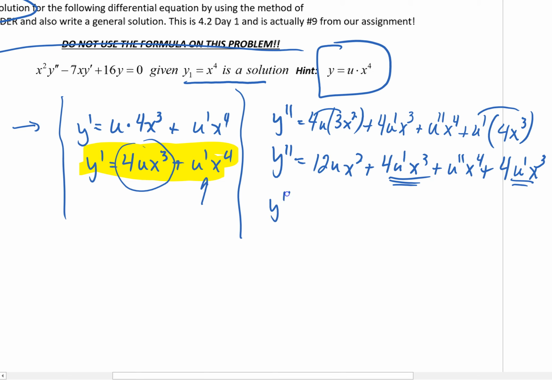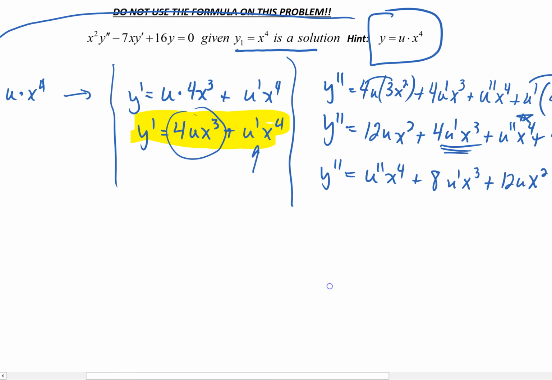So I'm going to clean this up a little bit. I'm going to have my highest derivative, a u double prime, coming first. That's this term right here. The 4u prime x cubed, there are two of those. 4 and 4 add up to 8. We can write that a little more easily right here. And then, of course, we also have our 12u x squared. So that right there is working out rather nicely.